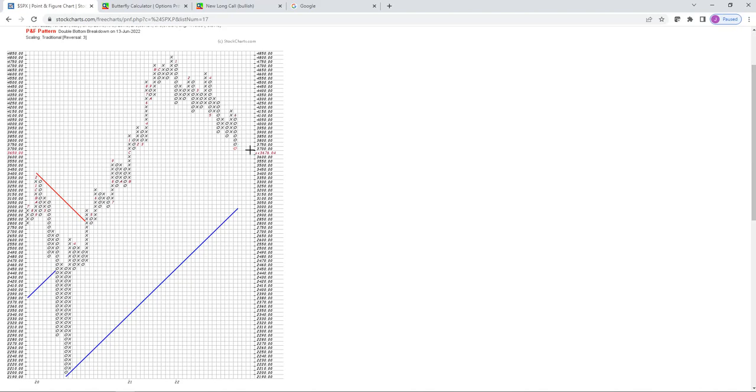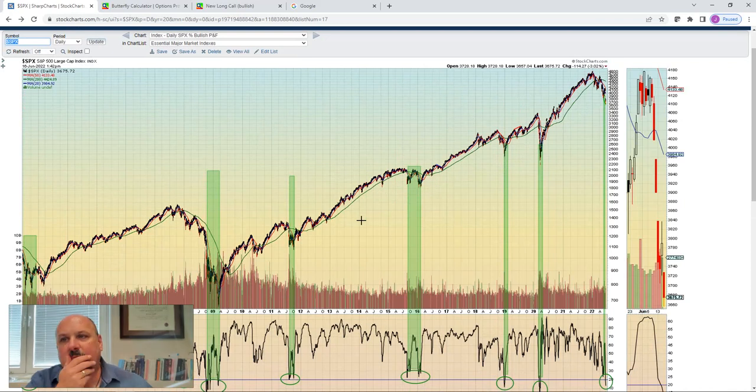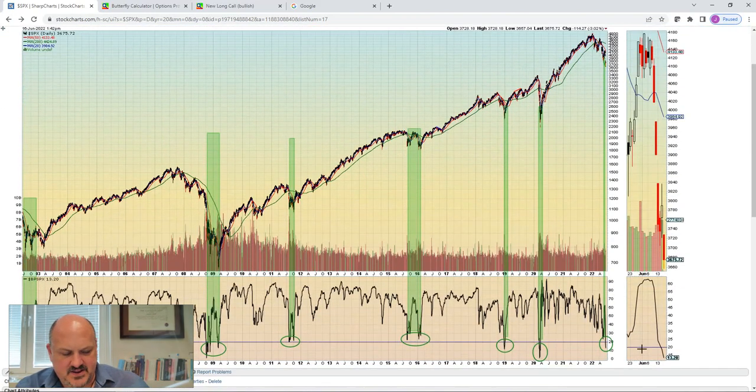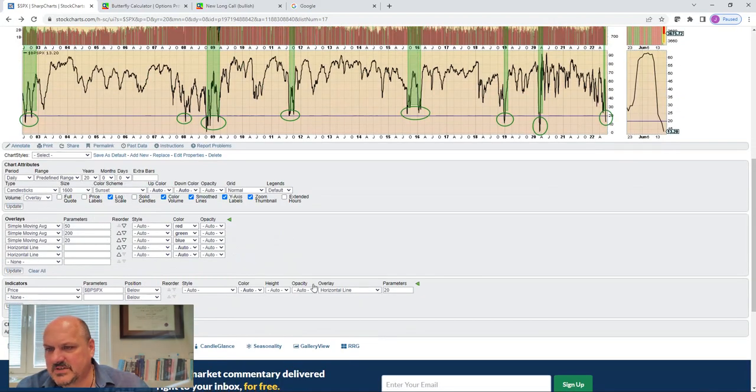One thing I look at here is the percent of the companies in the S&P 500 that are in a bullish PNF pattern. You can see right here, only 13.2% of the companies actually have a bullish pattern. This is an extreme level, and I went back 20 years.